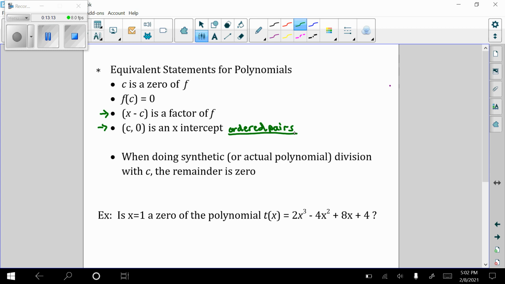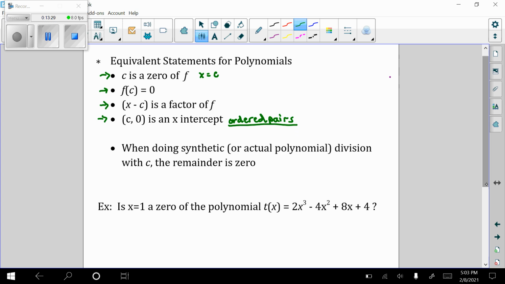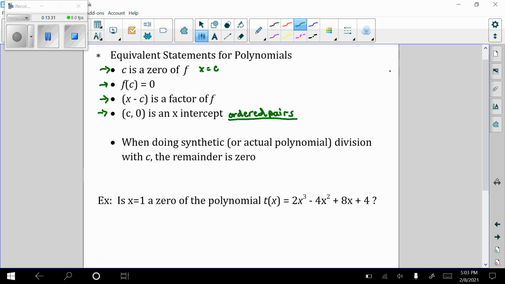If it asks for a 0, then it would just be x equals whatever that value of c is. And here is just function notation, f of c is 0. Okay, so all of those mean the same thing when you're talking about zeros of a polynomial.